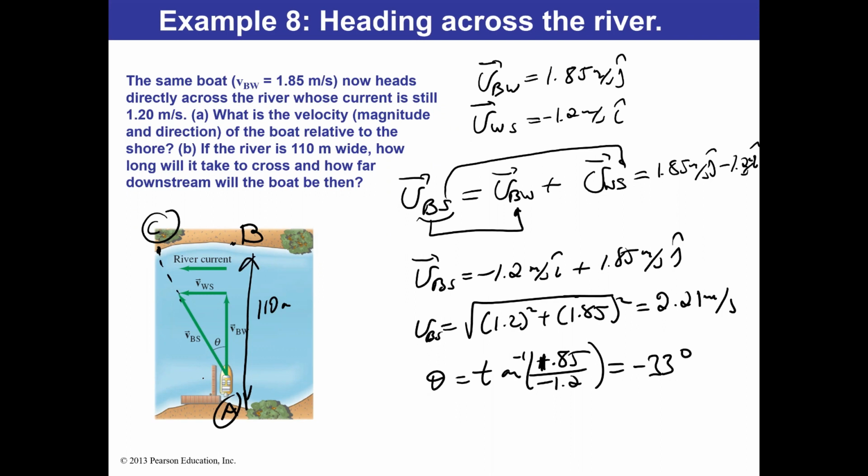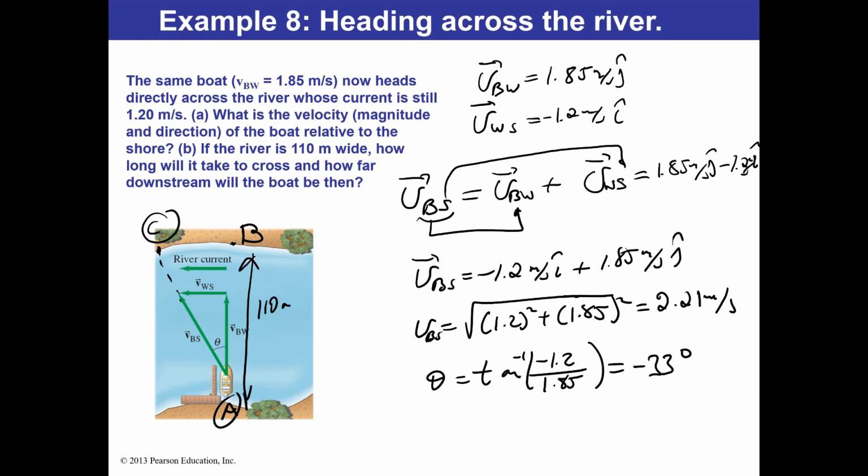Sorry, guys, actually it's the other way around. What I have here is the velocity of the water relative to the shore, so this is negative 1.2, and the 1.85 will be the adjacent side. So that's how I'll do it.